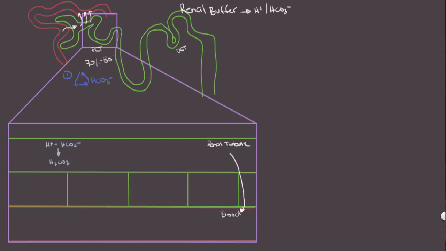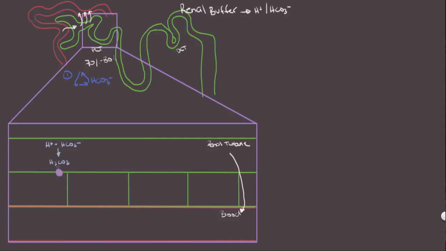What's important about this proximal convoluted tubule is that the carbonic anhydrase enzyme lives in the cells of the renal tubules. Let me make that a different color so we can see it a little better. So the carbonic anhydrase enzyme is living right here. What it's going to do is promote the movement of that carbonic acid through the renal tubule cells, through this membrane here and into the tubule cell.